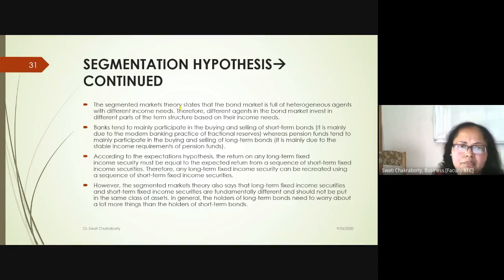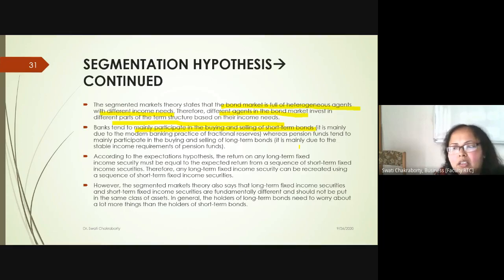The segmented market theory states that the bond market is full of heterogeneous agents with different income needs, right? Different types of people with different income needs. So different agents in the bond market will invest in different parts of the term structure based on their needs. Banks usually mainly participate in the buying and selling of short-term bonds, mainly due to the modern banking practice of fractional reserves, keeping a portion of the deposits as reserves and lending the rest.